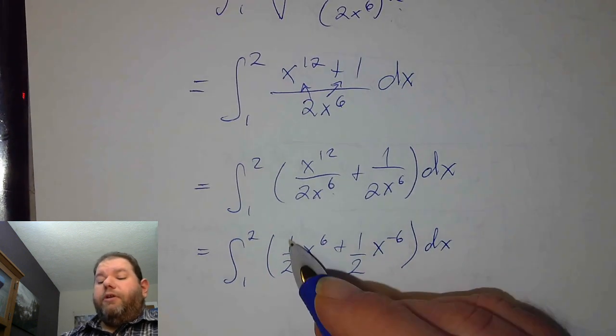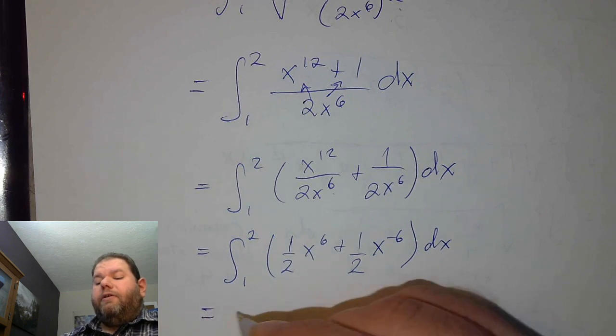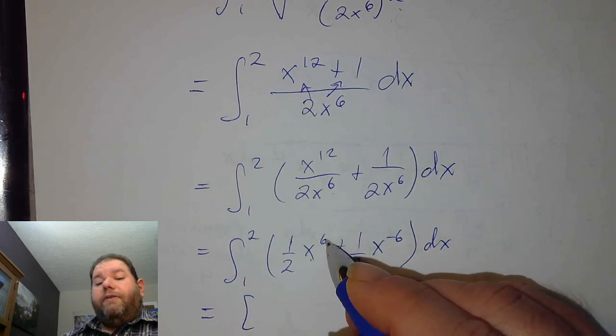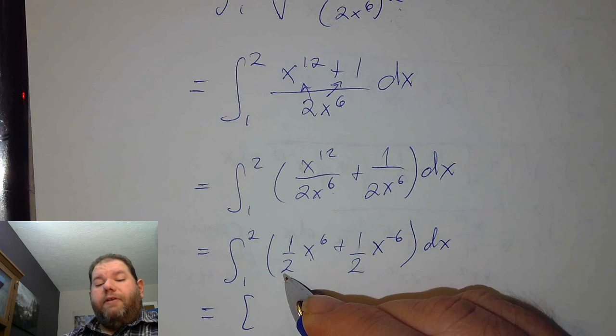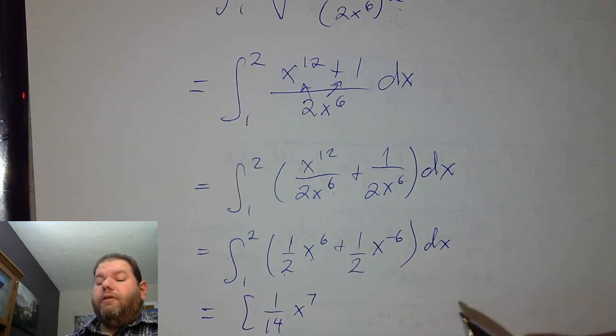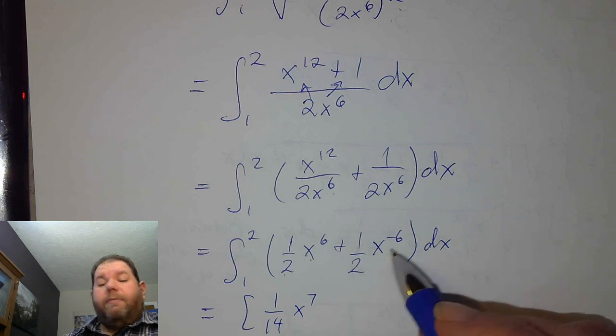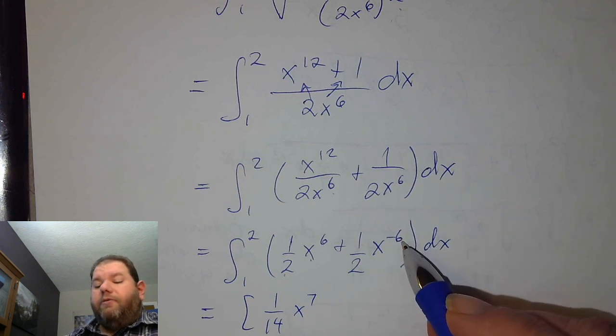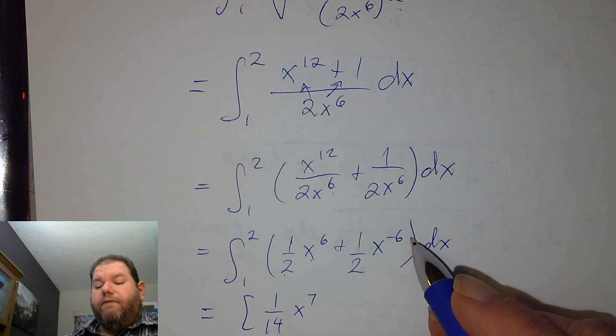If we integrate 1/2 x to the 6, we know it'll be x to the 7, and then we'll divide by 7 and make it 1 over 14 x to the 7. Same thing here, add 1 to the exponent. Negative 6 plus 1 is negative 5.